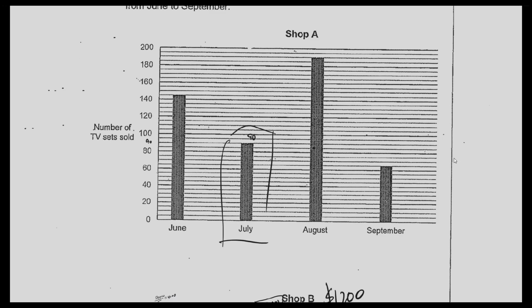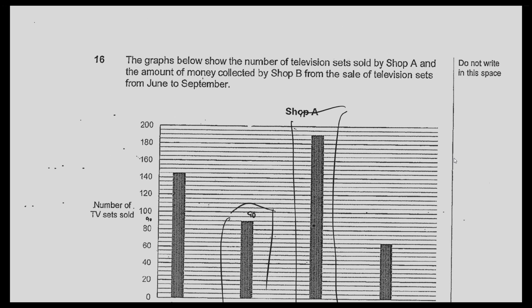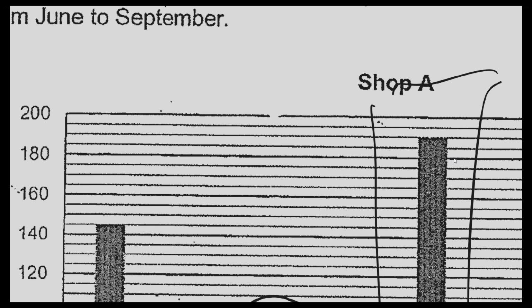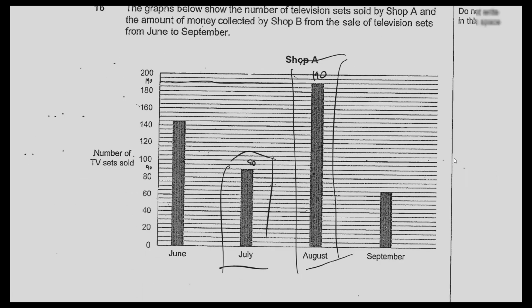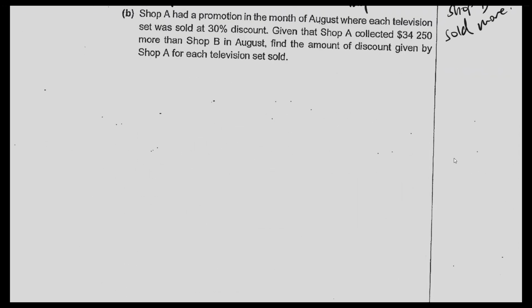We're looking at the month of August. How many television sets is this? 200, 180, this is 190, and looks like they sold 190 TV sets. So shop A sold 190 TV sets in August.